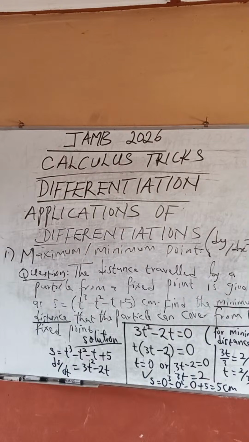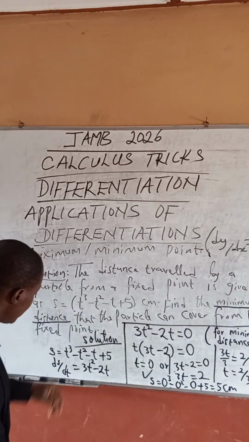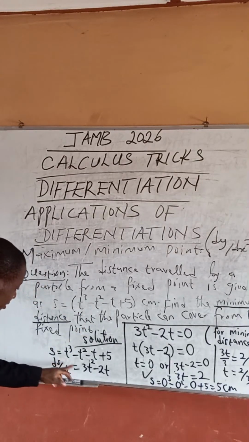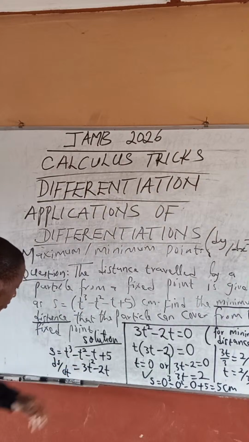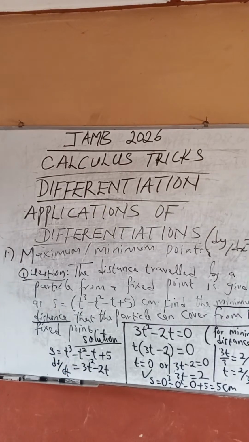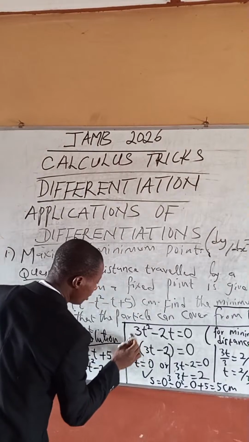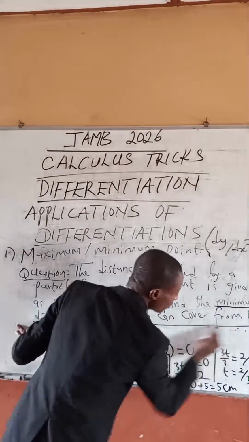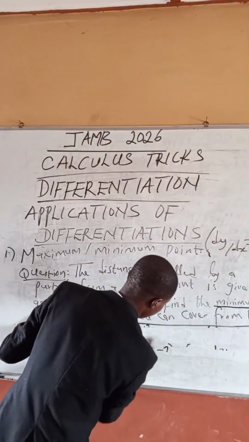Then there are two of them here. ds/dt, 3t square plus 5t. Any question, please? I hope we got it right, though. This is minus 2t. This is what we are going to do here for easy work.